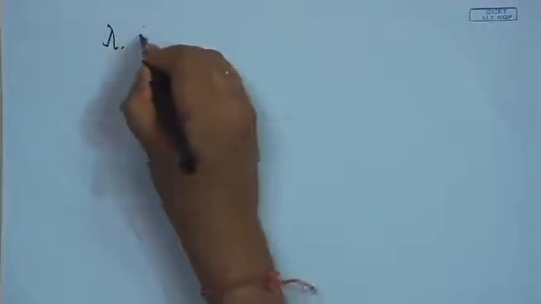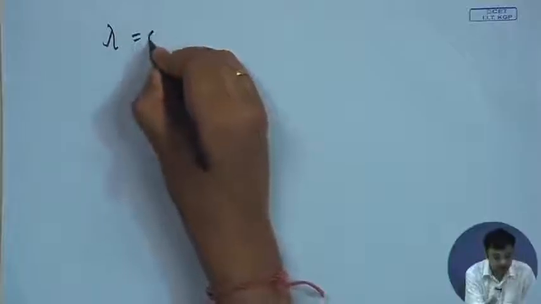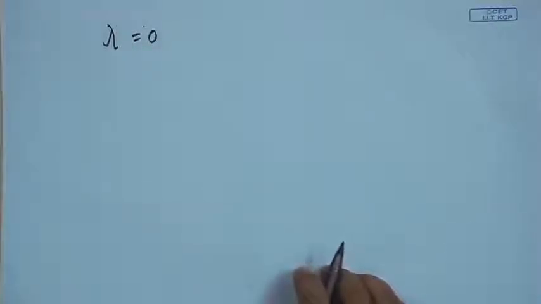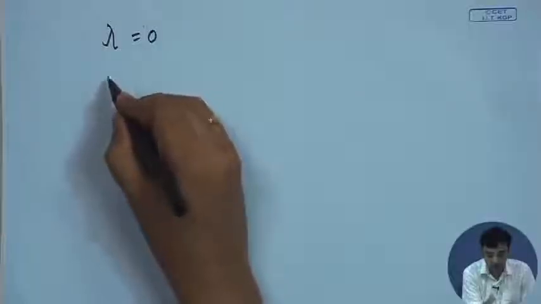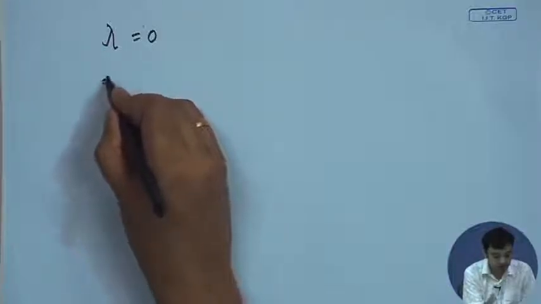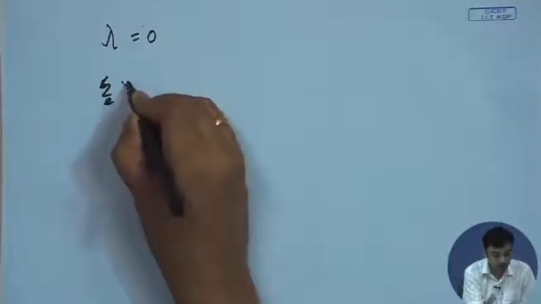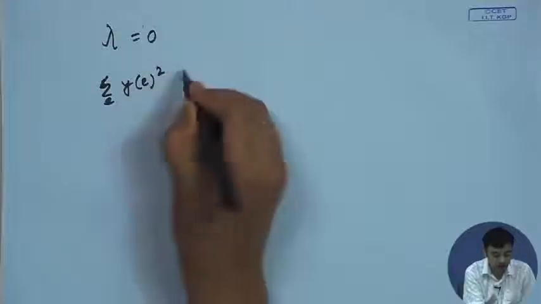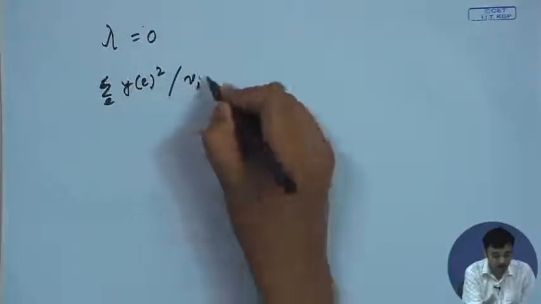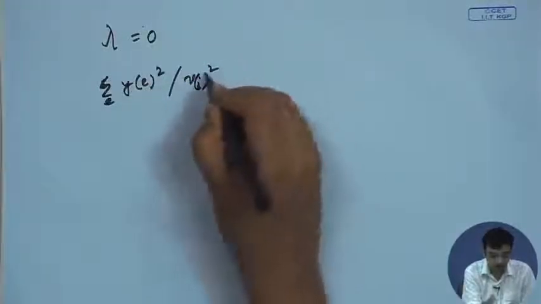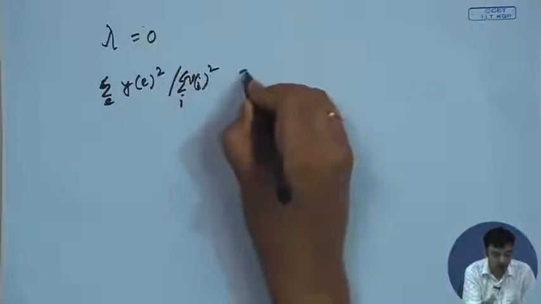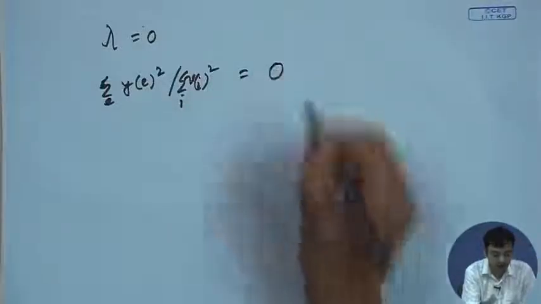In order to show property 6, we assume that lambda is equal to 0. Then we have the expression sum over all edges (Vi minus Vj) whole square by sum over all i of Vi whole square, and this value is actually equal to 0.